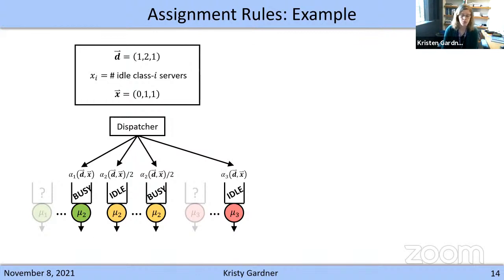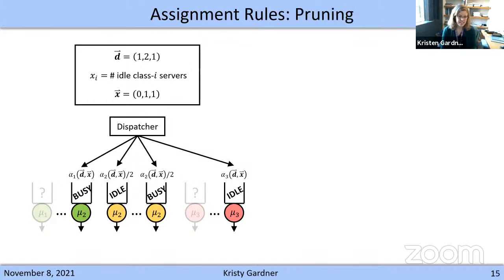And these alphas represent the probability with which we assign the job to each possible server. Now, I want to make a couple of observations about this probabilistic assignment. And the idea here is that we're going to be able to do a little bit of pruning to get rid of nonsensible assignment decisions.